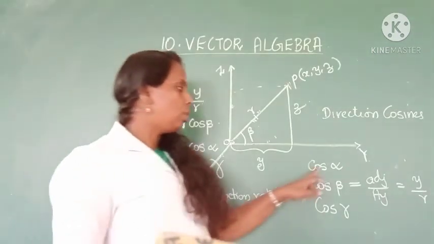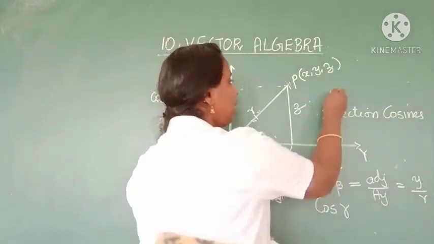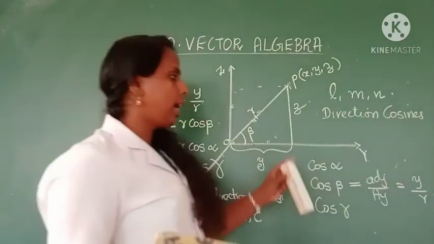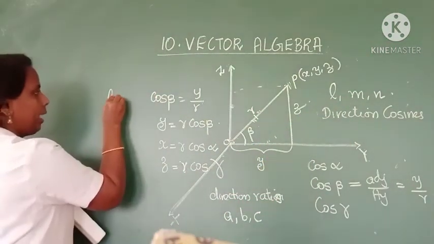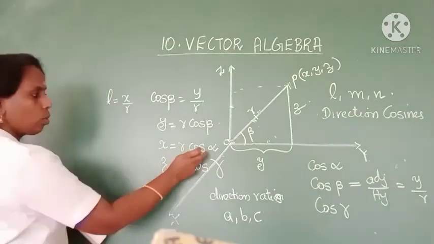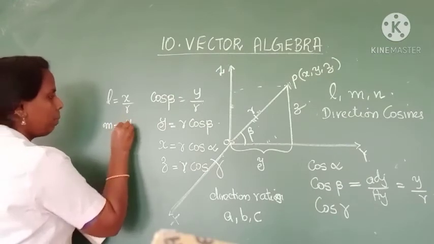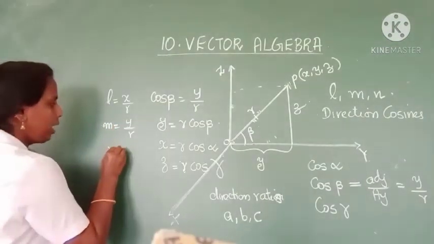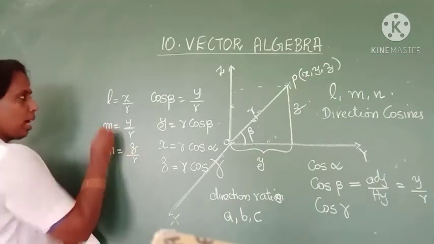Also, these direction cosines are denoted by the letters l, m, n. That is, l equals x by r, that is cos alpha. m equals y by r, that is cos beta. n equals z by r, that is cos gamma.